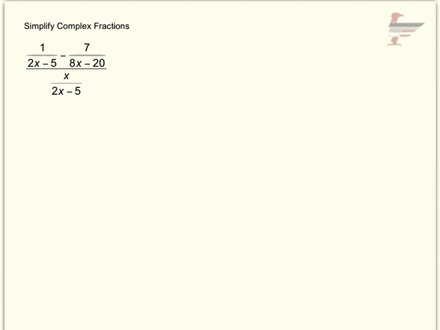Alright, the last one, of course, is the doozy, the complex fraction, which would be the difference between two fractions divided by a fraction, so a fraction within a fraction. So I would start with any addition or subtraction you have, so obviously this numerator is what I'll start with. I can't factor out 2x minus 5, but I can take out a 4 here, so I will start there. If I factor out a 4, that leaves me with a 2x minus 5.